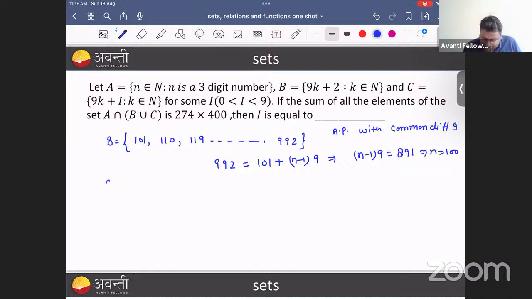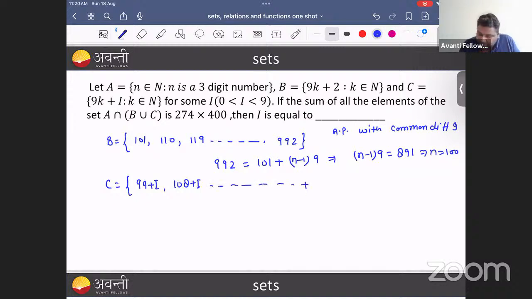Now the set C. Again I am counting the numbers which are 3-digit numbers. So first number will be 99 plus I. I is not 0, I is more than or equal to 1. So definitely it is going to be a 3-digit number which when divided by 9 leaves remainder I. The next number will be 108 plus I. And so on.